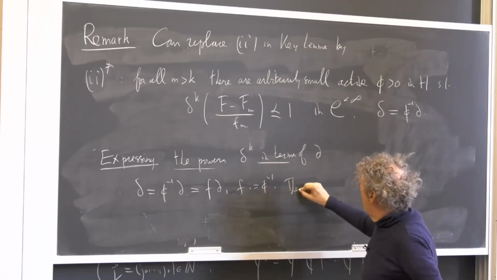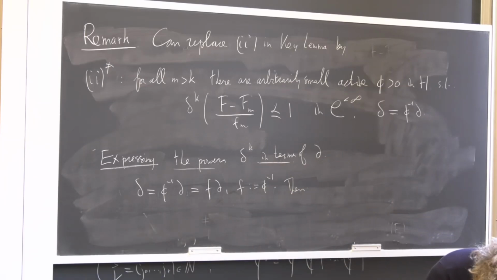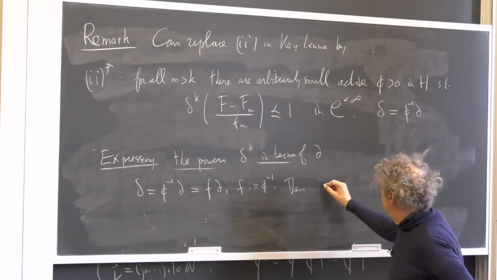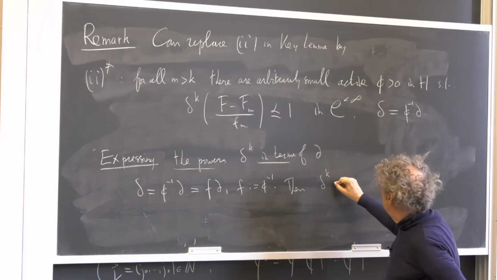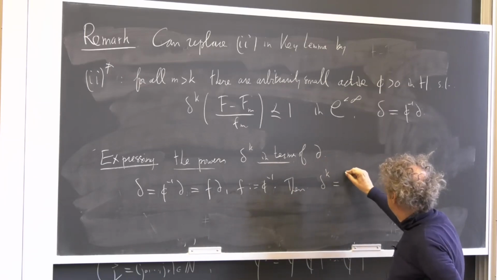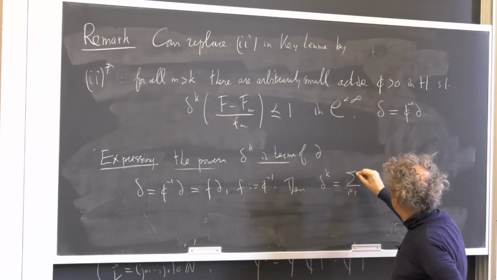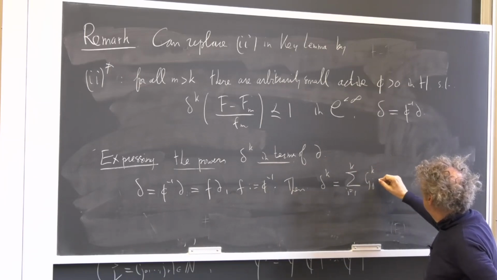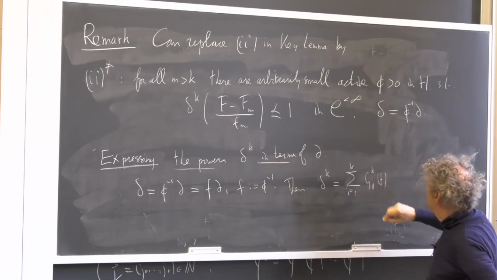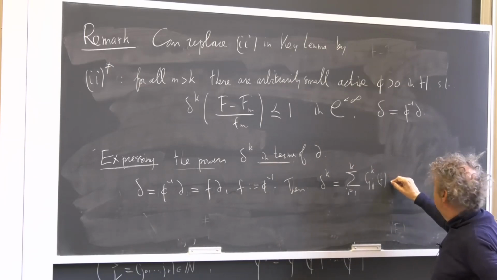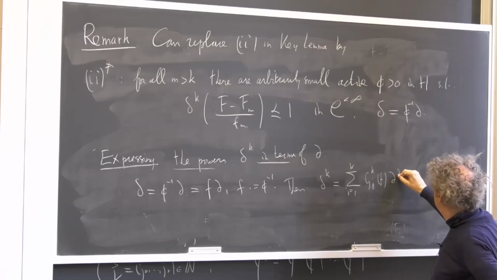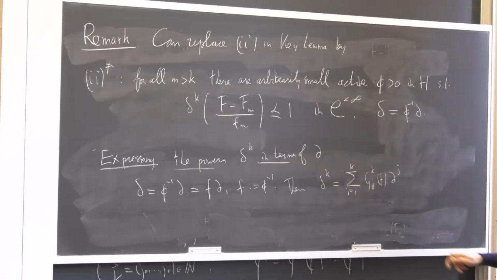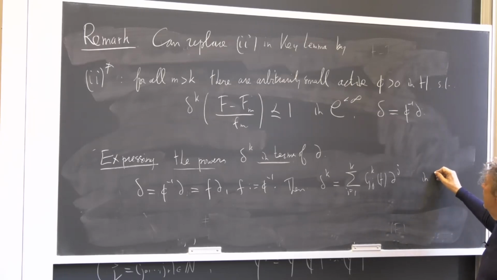Then we have delta to the k equals the sum over j from 1 to k of g_kj(f) delta to j.